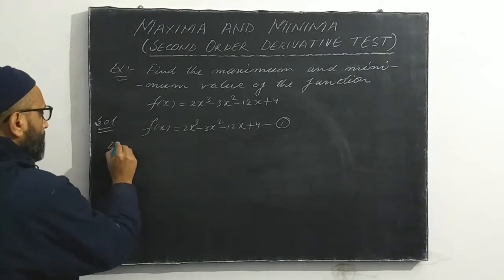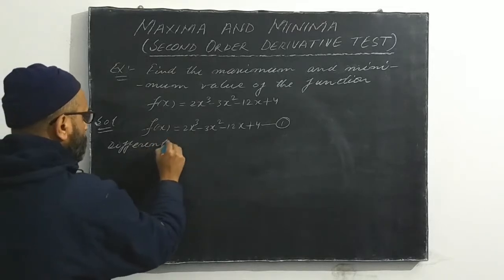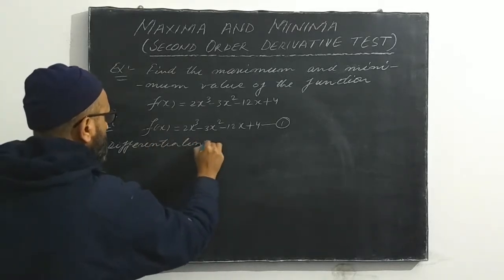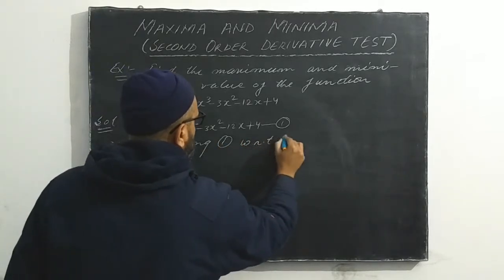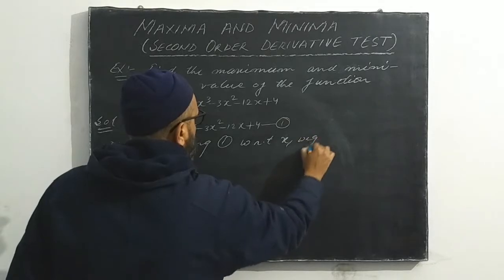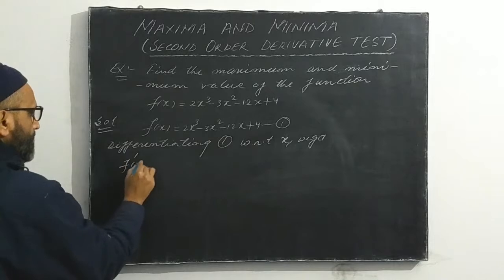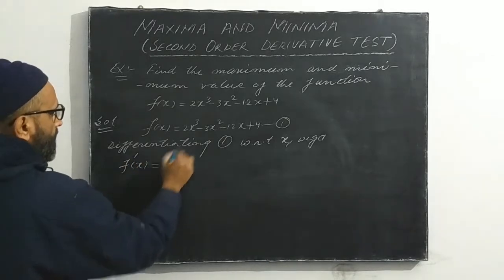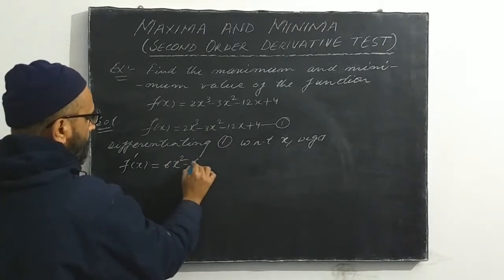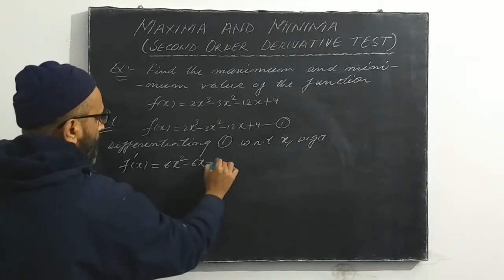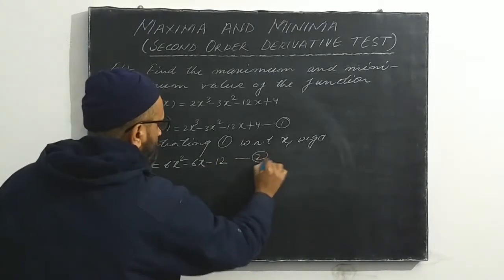First we differentiate it with respect to x, so differentiating 1 with respect to x, we get f dash x is equal to 6x squared minus 6x minus 12. Let it be equation number 2.